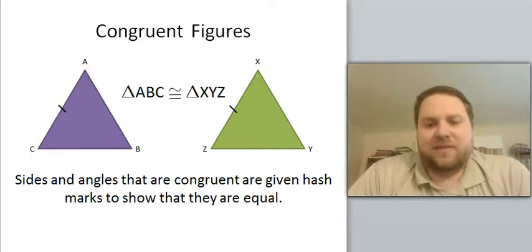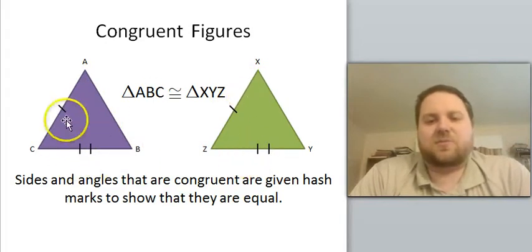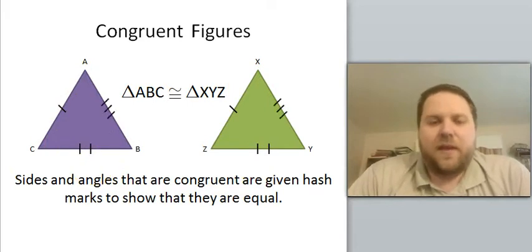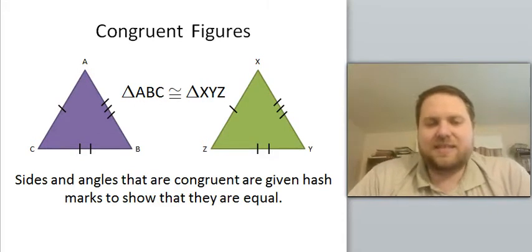If I wanted to show now that CB and ZY are congruent to each other, I would have to use a different set of hash marks. So before I just used one, now I'm going to use two. So everything that has those two hash marks on it are going to be congruent, and so on and so forth.